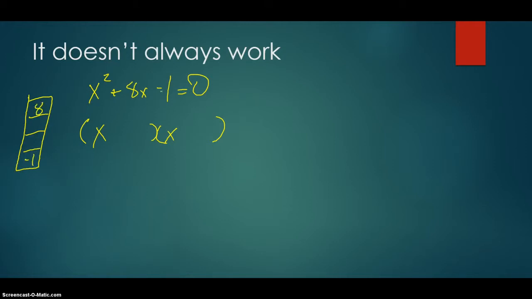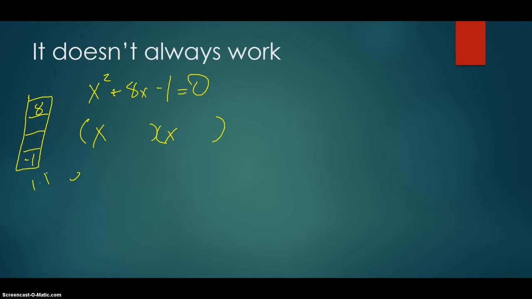We put this last term down here on the bottom and the middle term at the top, and I'm looking for two terms that multiply together to give me 1, but add together to give me 8. The only factors of 1 are 1 and 1, and there's nothing I can do with these, combining them in any way to get 8. And so that tells me that I can't factor.